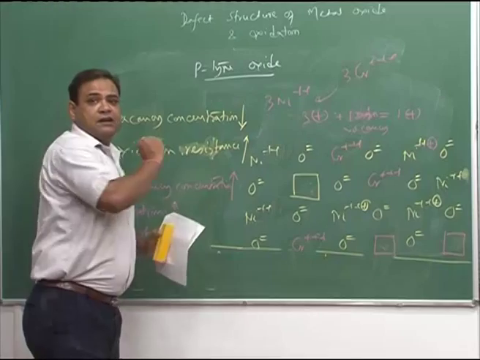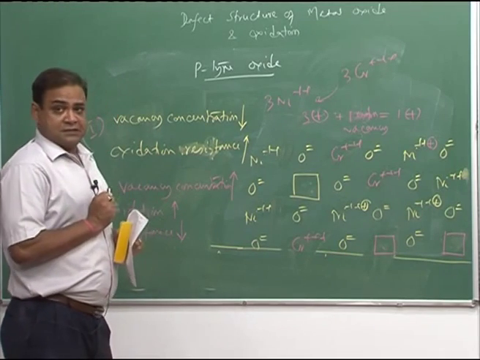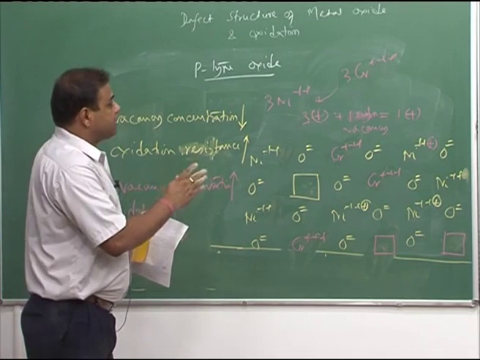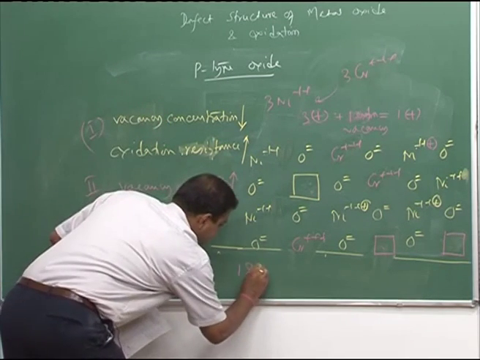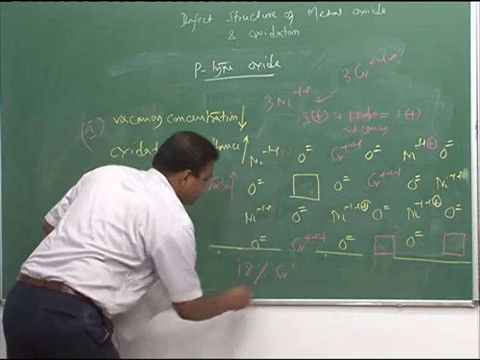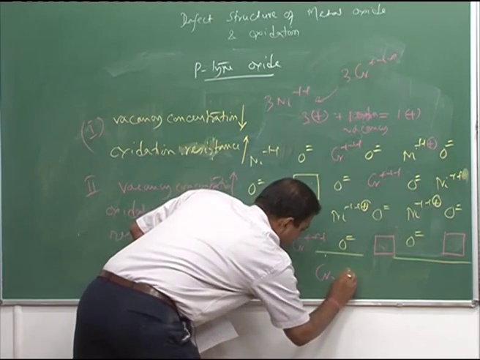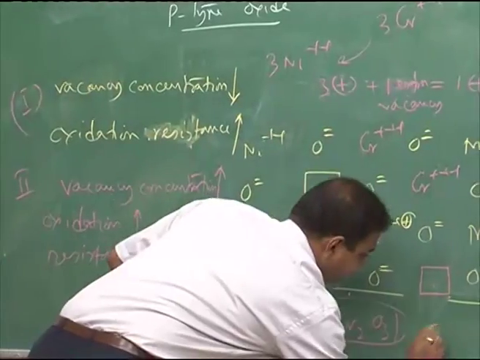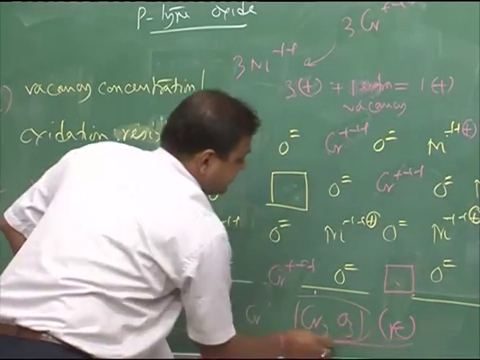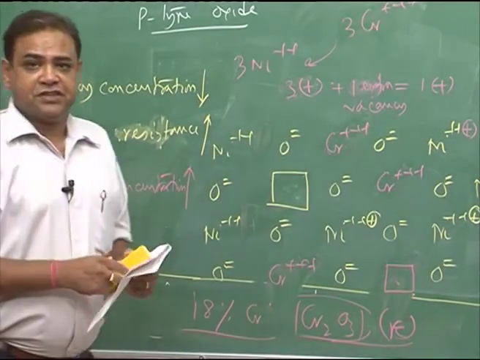So, the chromium oxide layer would form at about 18% chromium in iron, and on the iron surface it could give a very high oxidation resistance.